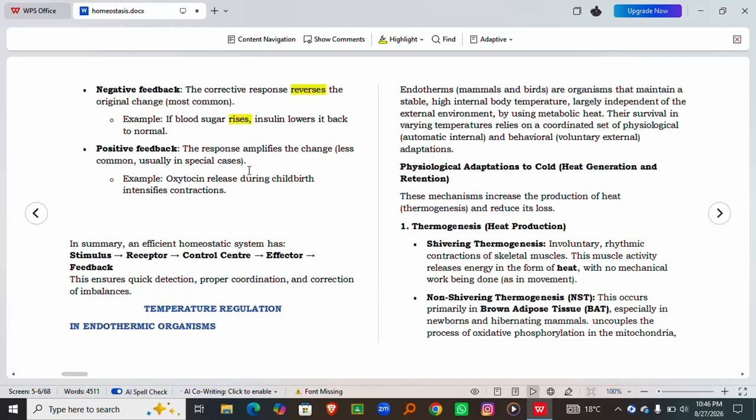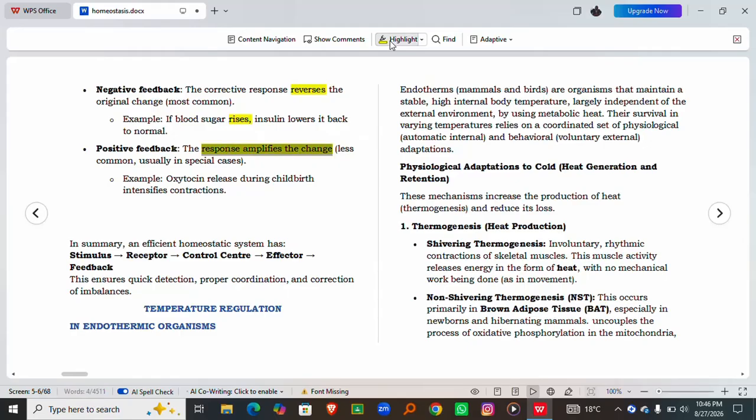Then we have another type of correction, which is the positive feedback mechanism. This one works contrary to the negative feedback mechanism in that the response tries to amplify the change. Instead of lowering or increasing, it is going to amplify the change.